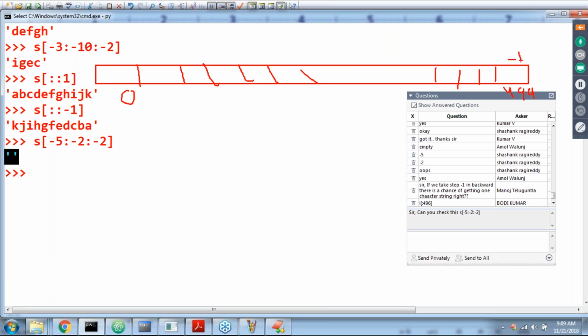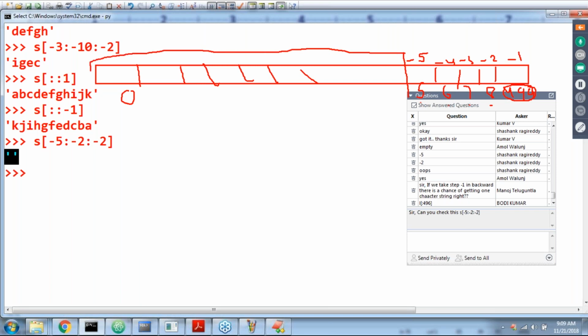Now the negative indexes: minus 1, minus 2, minus 3, minus 4, minus 5. Minus 1 is 499, then 498, 497, 496, 495.